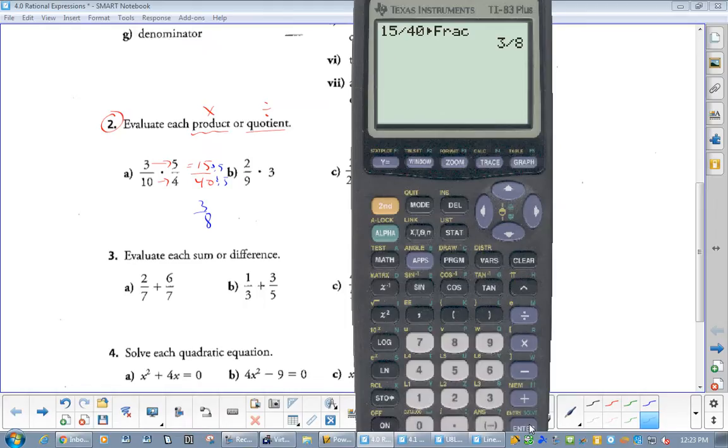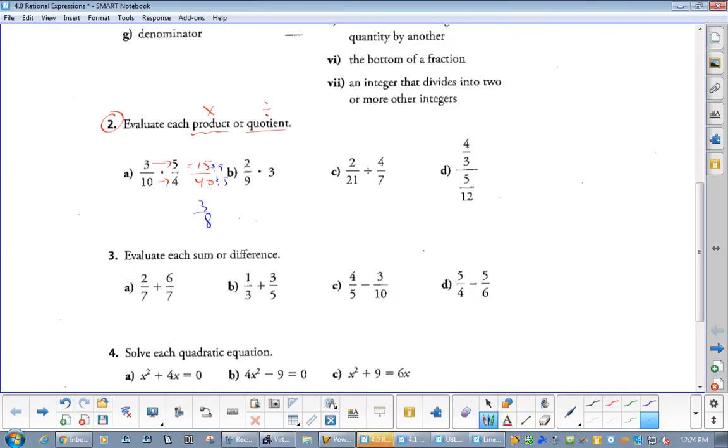And to even back this truck up, if you wanted to, when you multiply, put each fraction in brackets, 3/10 times 5/4, and your calculator will give it to you as a decimal, and then you can hit math, enter, enter, and you'd get 3/8. But the gist of it is you multiply the numerators, get the answer, multiply the denominators, get the answer.